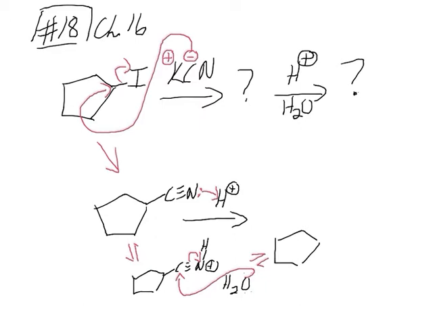So we're going to have to add how many molecules of water then? If we're going to turn it into a carboxylic acid, how many oxygens do we need to add? So how many waters do we have to add? 2. Right? So we're adding 1 right now. And if we have a carboxylic acid, we have no N. So somewhere along the line, we're going to get rid of the N. So there we go right there.